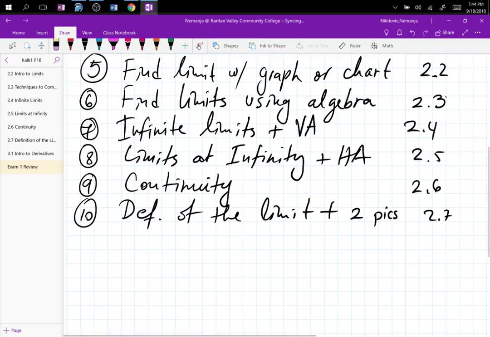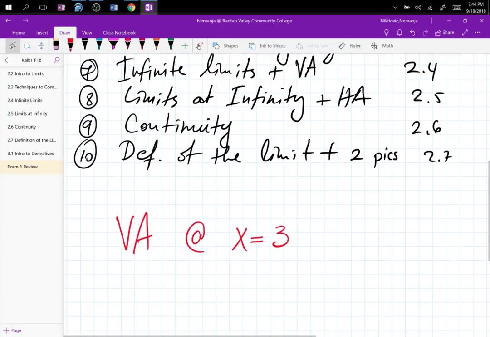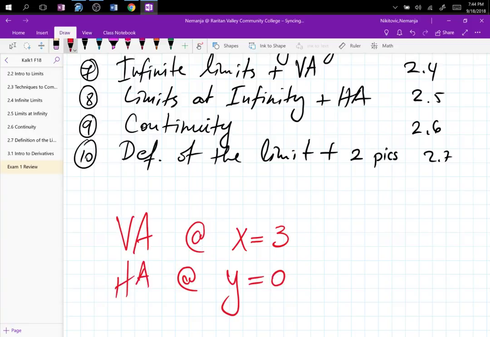Also, I asked you before, I'll ask you again, if you have a vertical asymptote at x equals 3, that's the way to write it. Horizontal asymptote at y equals 0, that's the good way to write it.